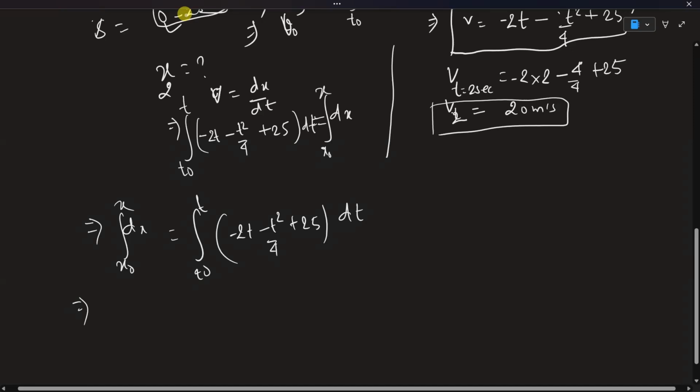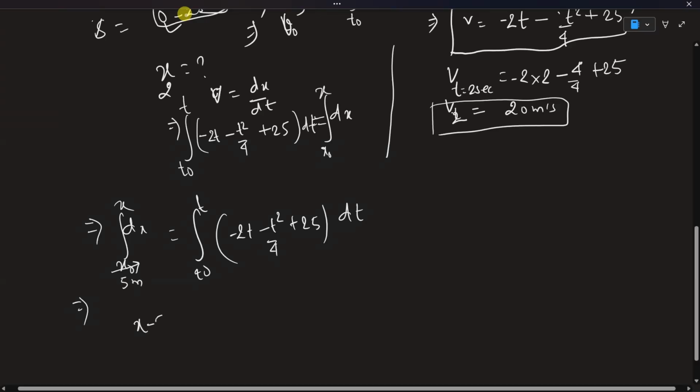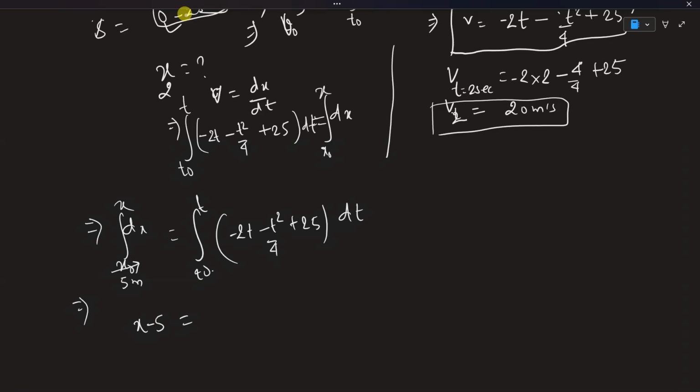So this is our final equation. Now you have to integrate this. So the initial position x naught is given as 5 meter, so you can write x minus 5 is equal to, and the initial time t naught is 0 second, so you can just replace with 0 second here.